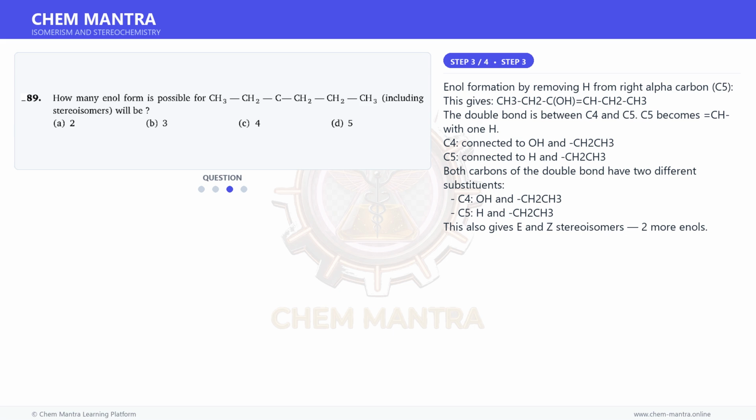Both carbons of the double bond have two different substituents. C4: OH and CH2-CH3. C5: H and CH2-CH3. This also gives E and Z stereoisomers, two more enols.